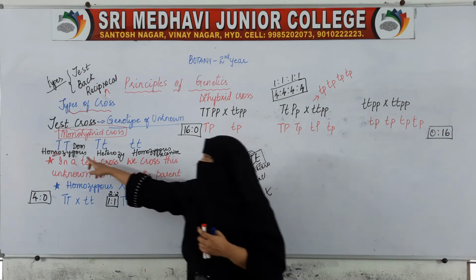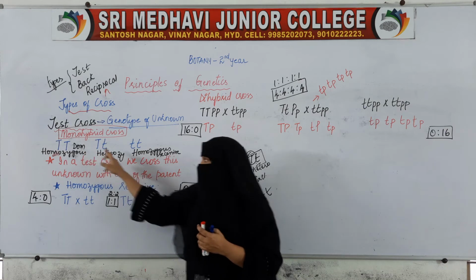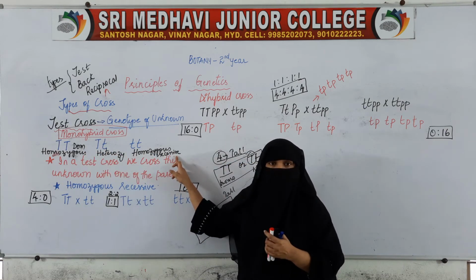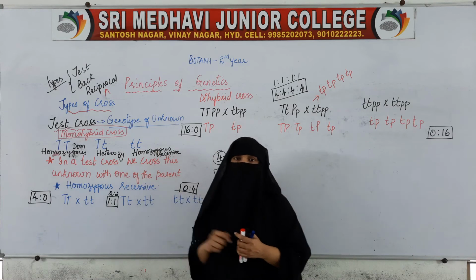One will be homozygous dominant, one will be homozygous recessive, and one will be heterozygous.